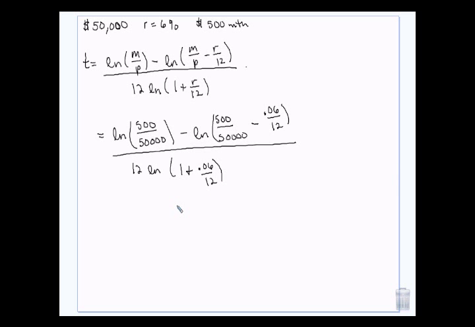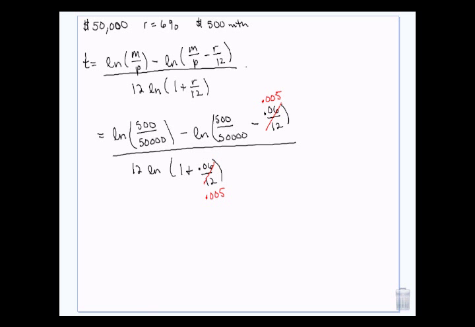All right, so here's what I'm going to do. I'm going to do this in stages. So 0.06 divided by 12. That number right there is 0.005. Okay.